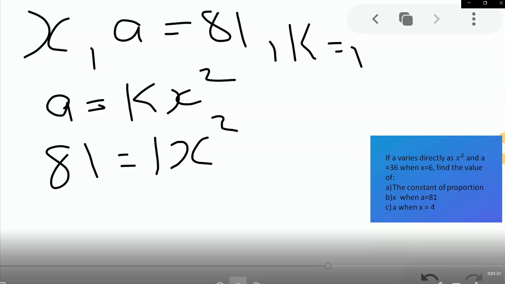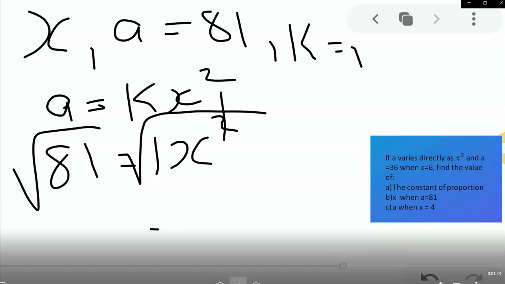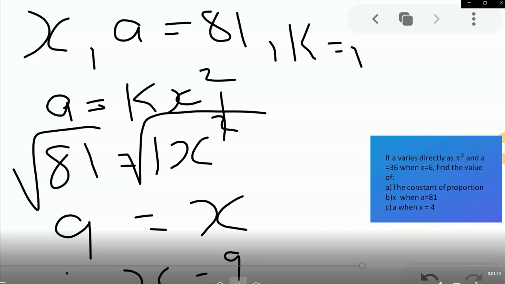So that means we're going to square root both sides. Square root cancels square, so we'll have x over there, and the square root of 81 is 9. So x is equal to 9 when a is equal to 81.